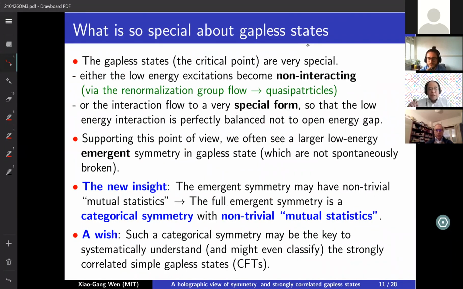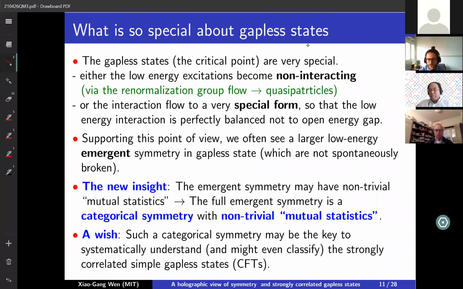Okay, so this is what we just mentioned, that gapless states are really very special. As I mentioned, most of the gapless states in the textbook are very special ones. They are gapless states with low energy excitations which are non-interacting. We call them quasi-particles.